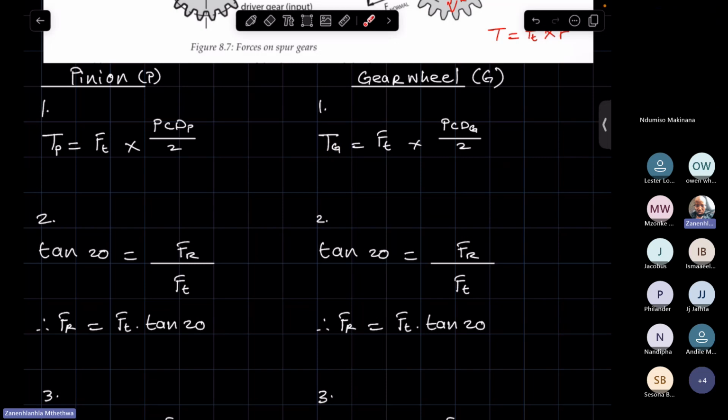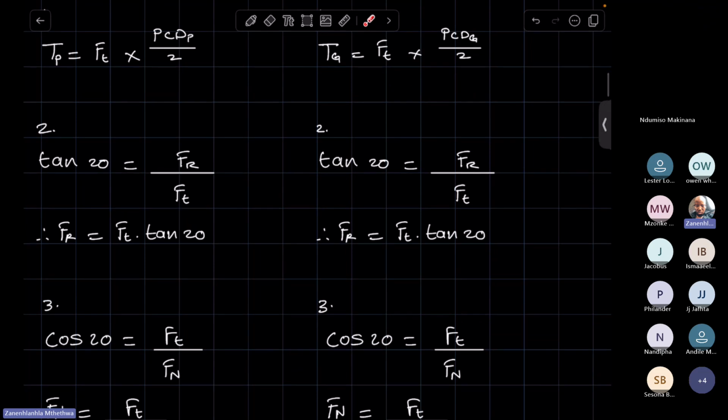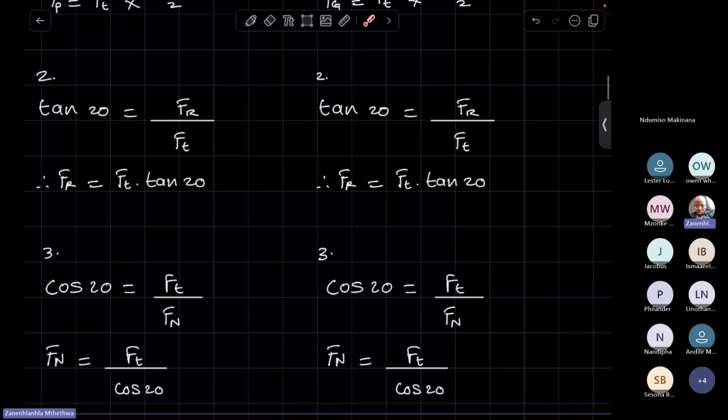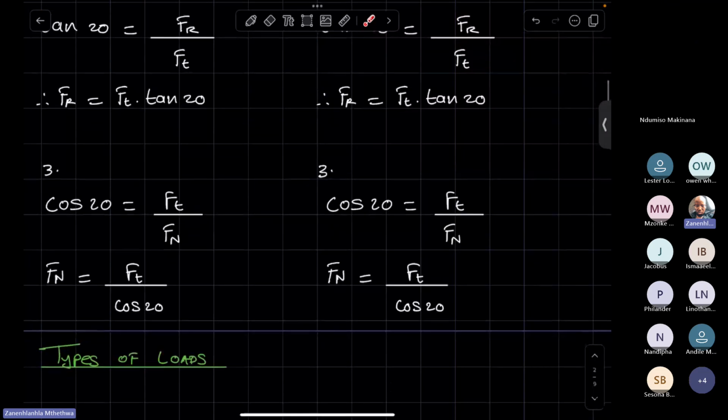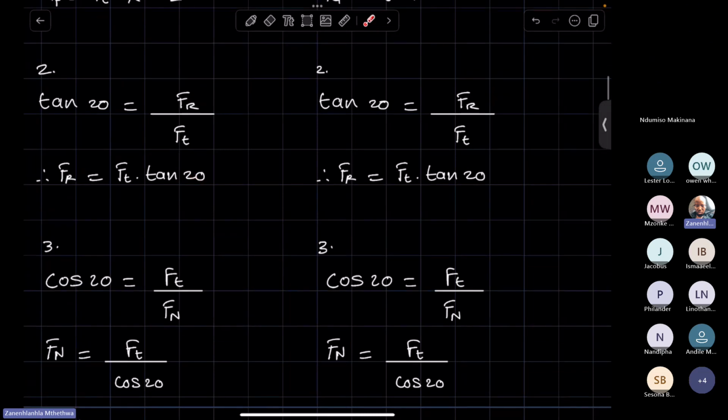So depending on which information you've been given, if you've been given information of the pinion, then you stick with this. If you've been given information of the gear wheel, then you stick with that. Either way, from the second formula to the last formula, we are essentially looking at more or less the same formulas. So to get the radial force, this is what you use.